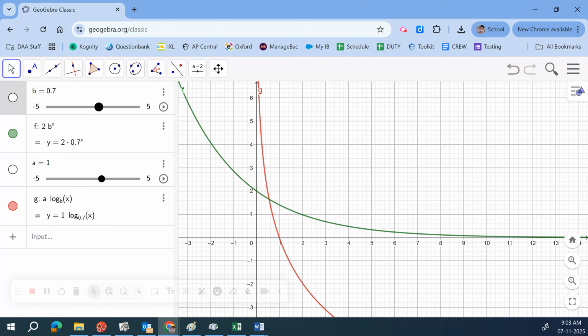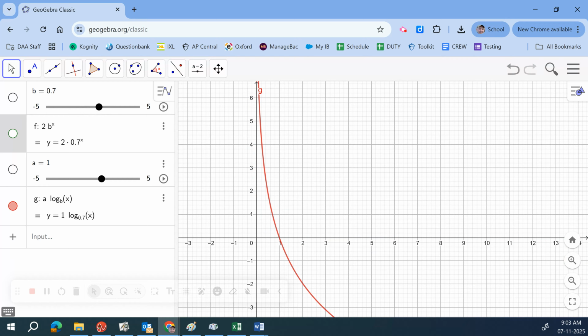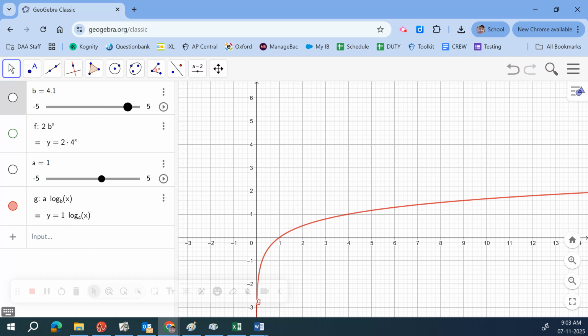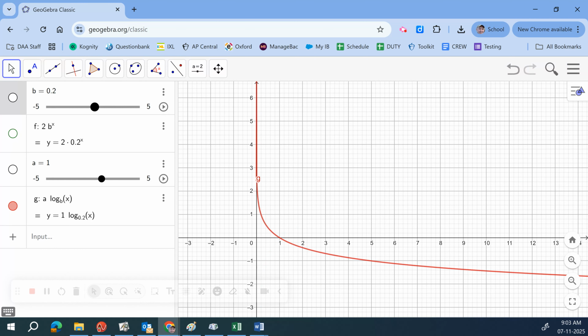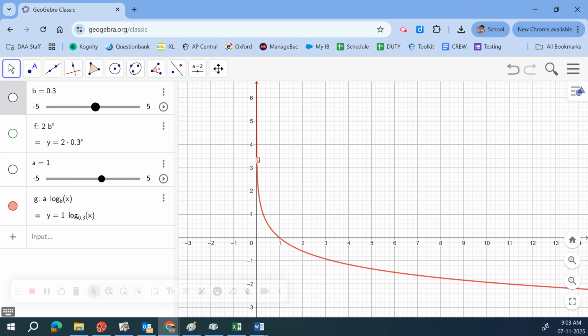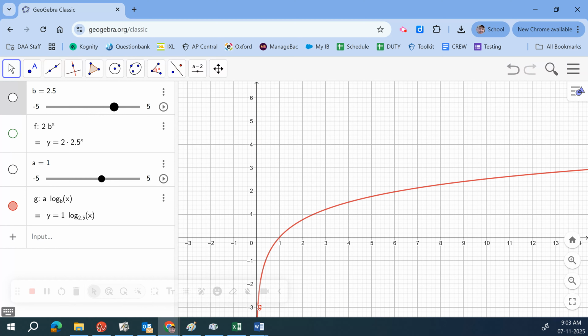Let me take away the exponential. So if we increase b, it's going up when it's bigger than 1. We come down to less than 1 in this little interval, and it's coming down. So we go from 0 to 1 for this shape, and bigger than 1 for this shape.